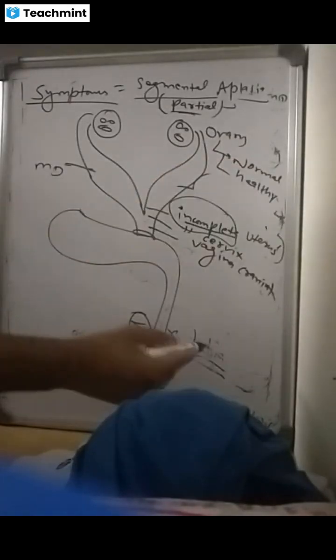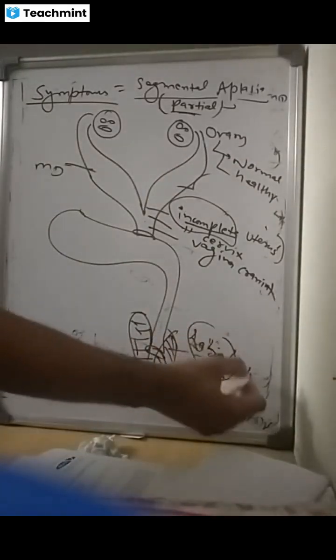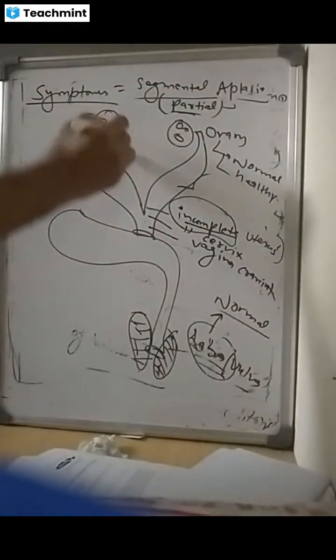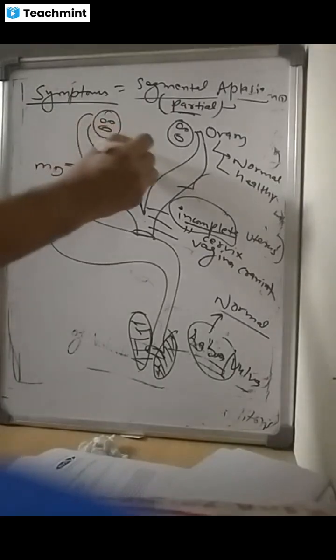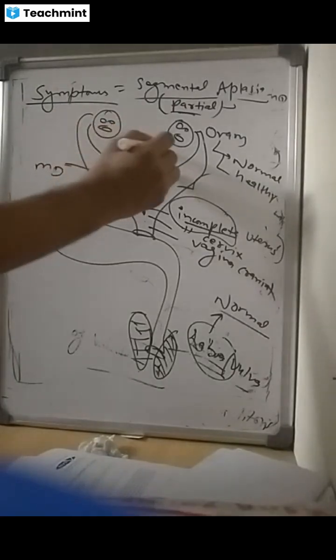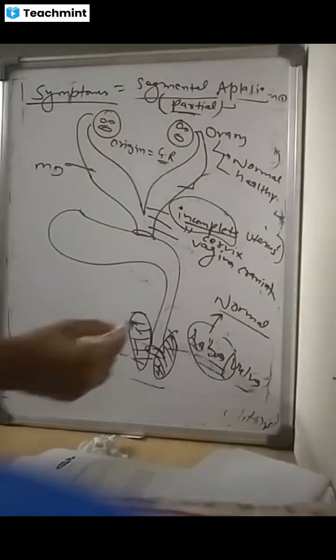In this case the ovaries will be normal, and the labia or vulva will be normal. The ovaries are normal in this case because their origin is the genital ridge.